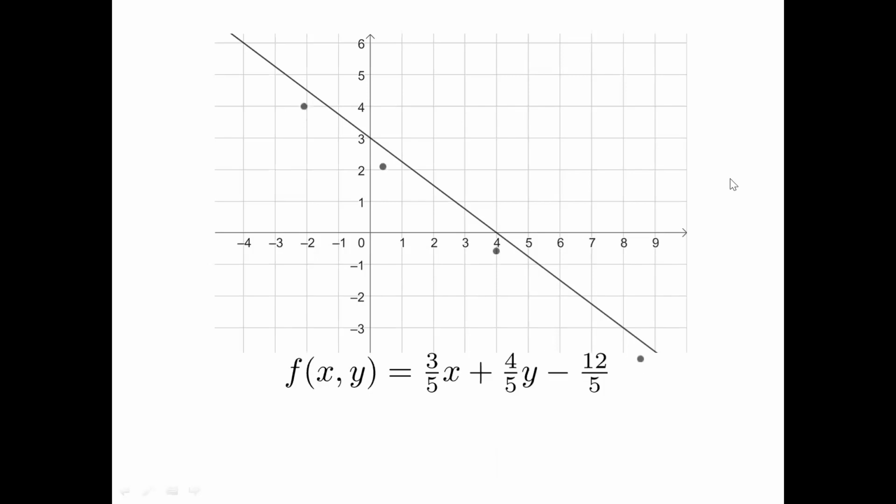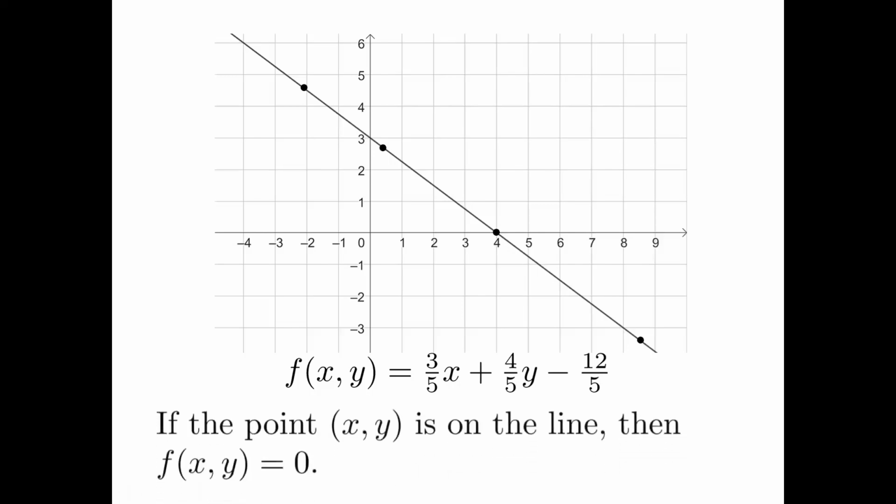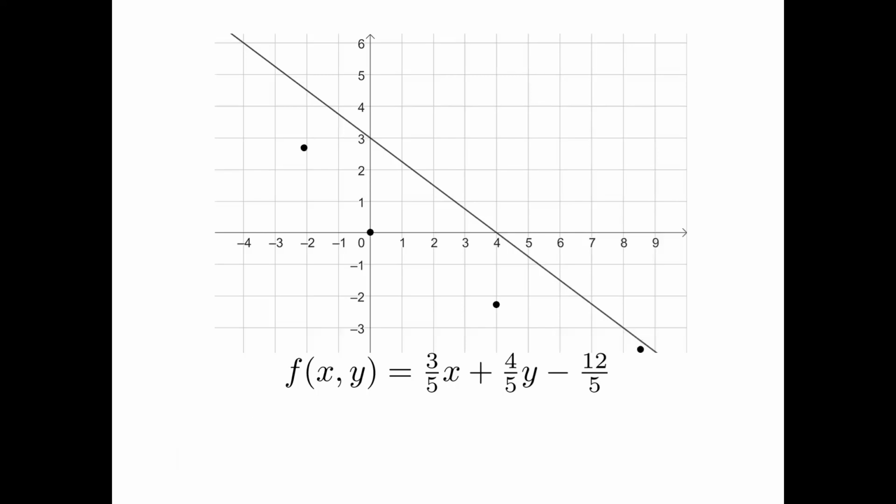First, if the points are on the line, then the function's value would be 0. Of course, they satisfy the equation. Secondly, if the points are on one side of the line, they are either all positive or all negative.